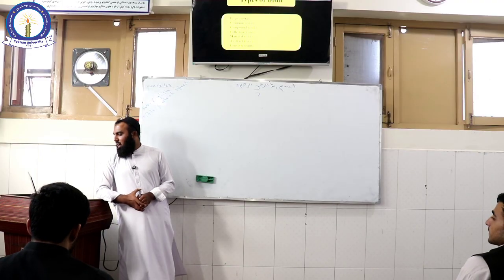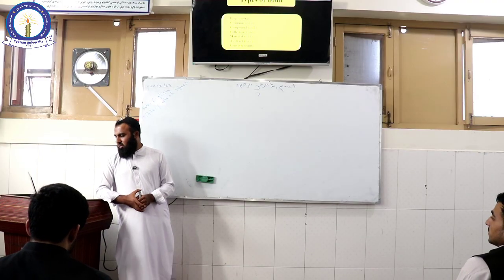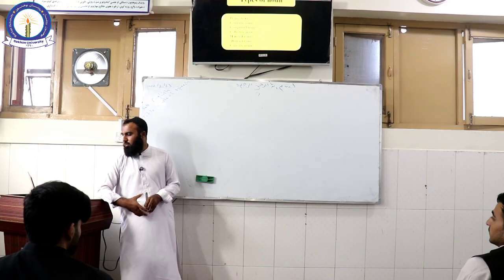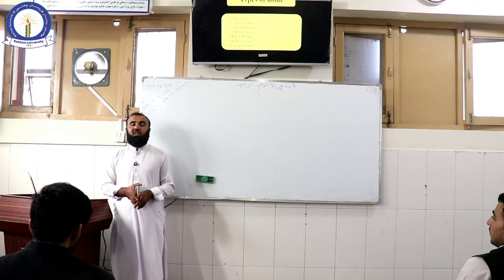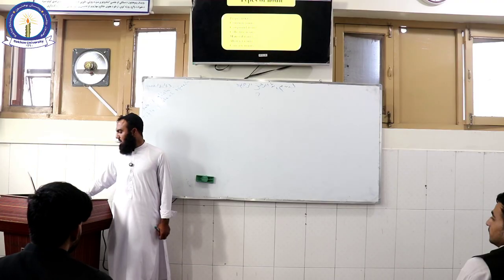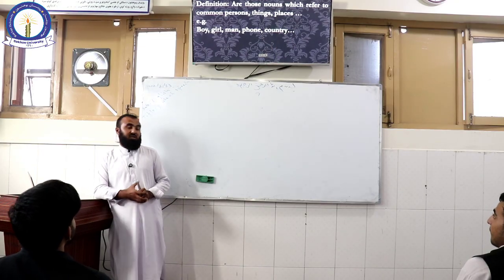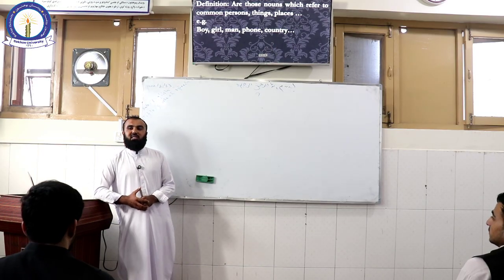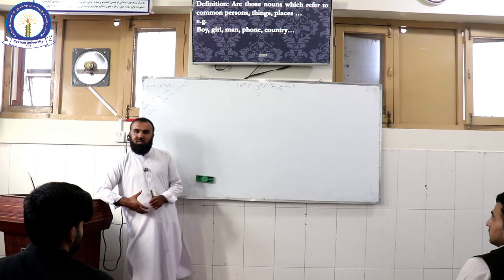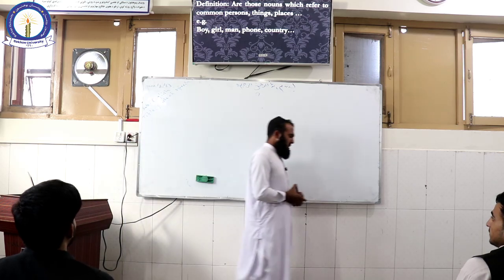But I brought here some types of nouns which are proper nouns, common nouns, compound nouns, collective nouns, material, abstract, and concrete nouns. Let's describe this. The first one is common noun.